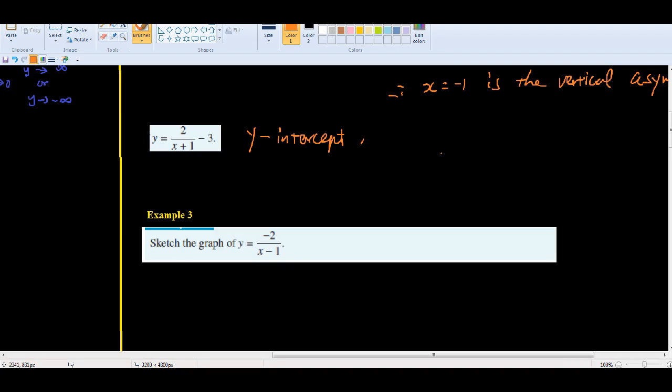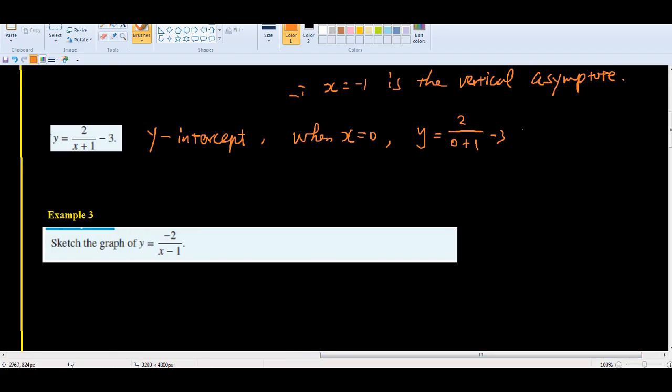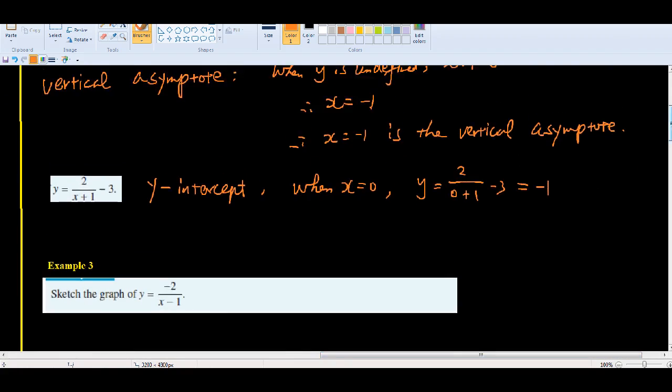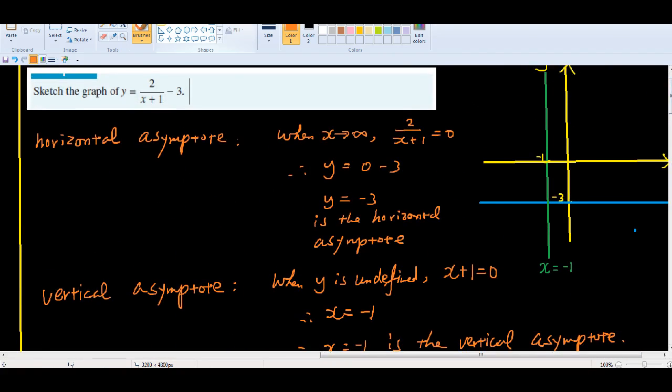How could we find the y-intercept? We put x equals 0. So y would be 0 plus 1 minus 3. So it would be -1. So y equals -1 would be our y-intercept.